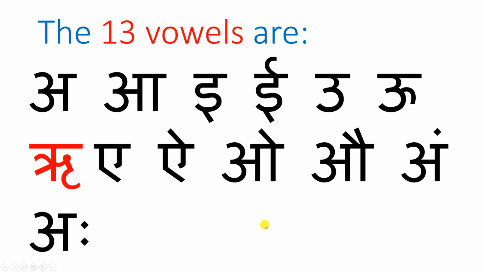Now, you know about the 12 vowels of Hindi, but there is one more vowel, shown in red, which is not widely used, and that is why we have not studied it. But the usage is there, and if you look at the Barahakadi of Hindi, they leave out this vowel while adding a vowel to a consonant. But in this lesson we will study it.